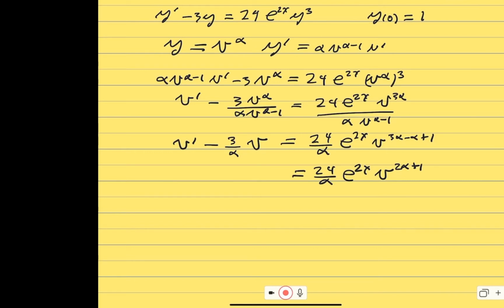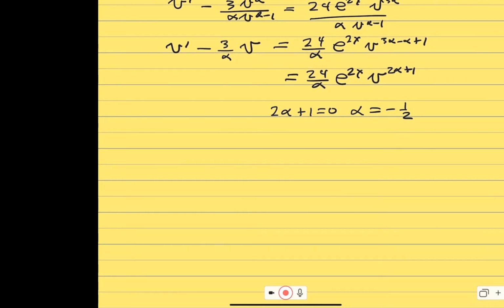Now, if this exponent is 0, this whole term here will just become 1, and I'll have a first order linear equation. So we're going to set then 2 alpha plus 1 equals 0, which says that alpha is minus 1/2.